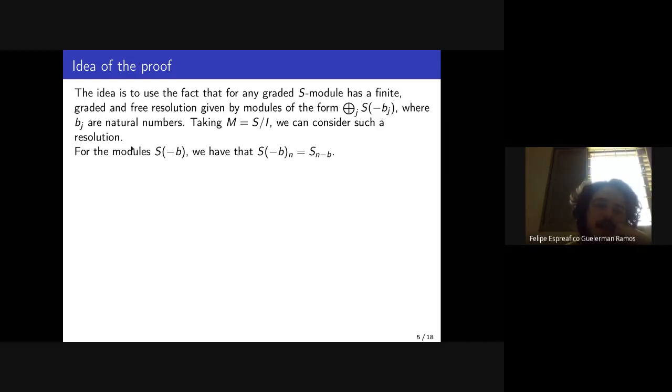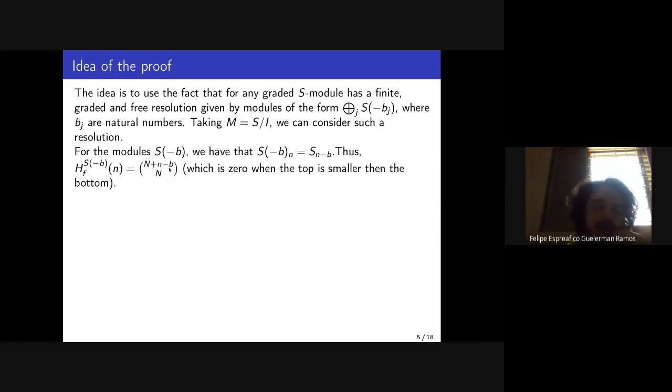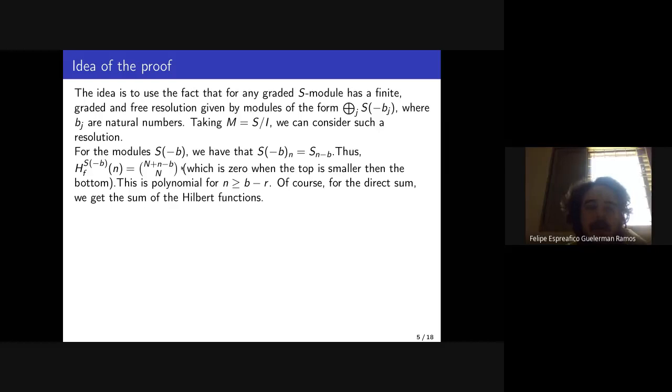And of course, for modules of this form, the n-th homogeneous component is just the n minus b homogeneous component of S. And then, of course, we can compute its Hilbert function, which is polynomial for n bigger than b minus N, sorry, I wrote r here, but it's big N.